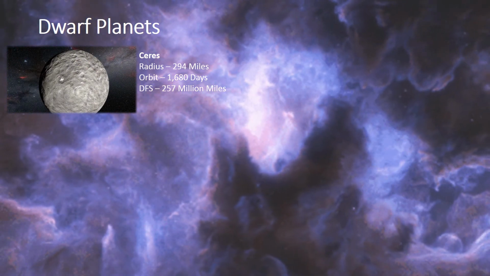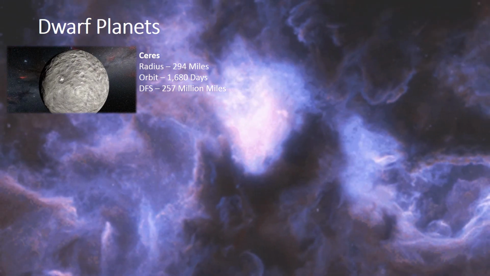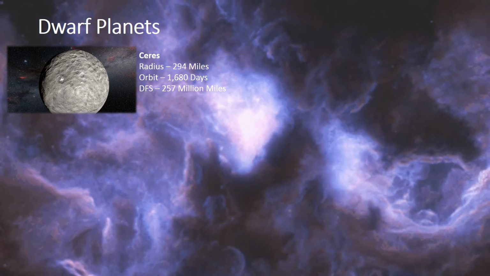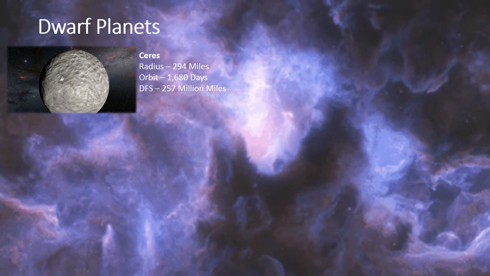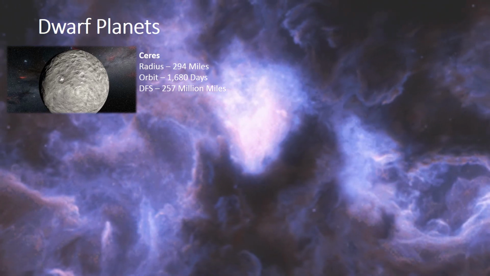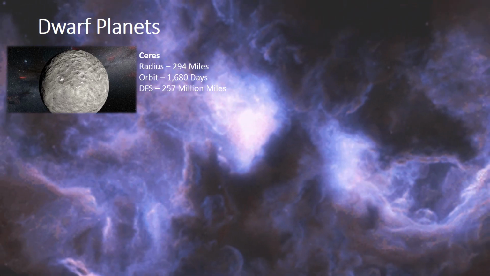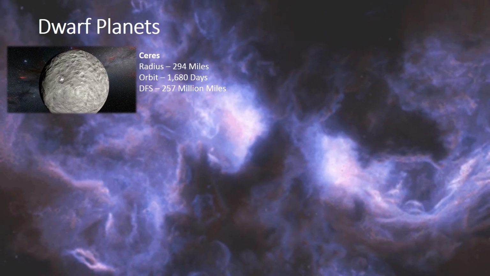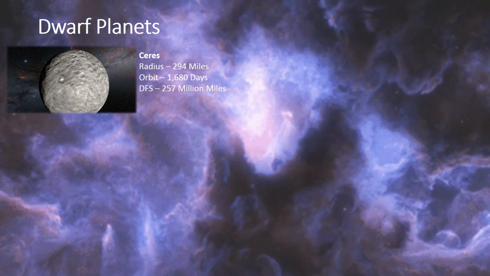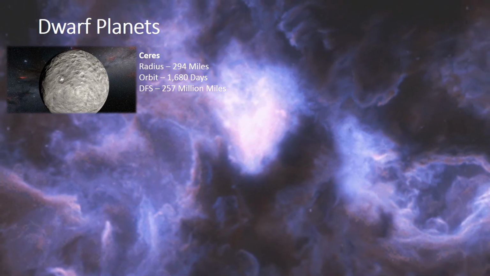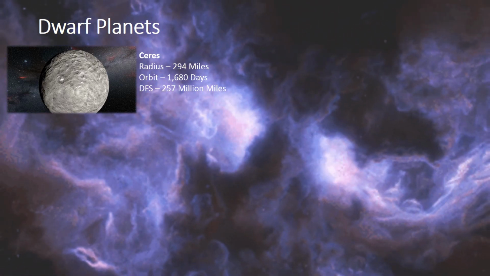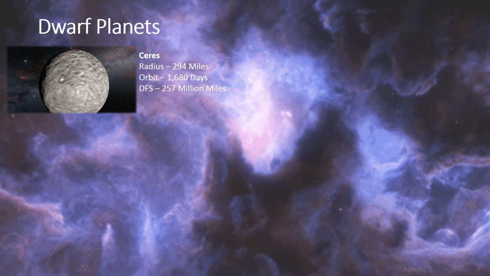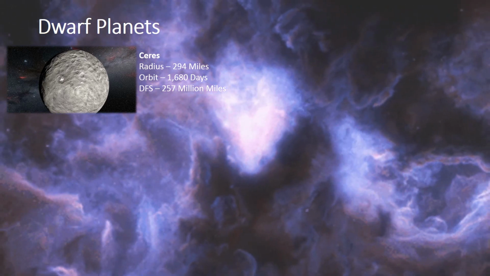All right, and Ceres is actually fairly close to Earth. Actually, Ceres is between Earth and Mars. There's an asteroid belt, okay, and Ceres is located within that asteroid belt, and its radius is 294 miles. So it's about 500 miles in complete diameter.